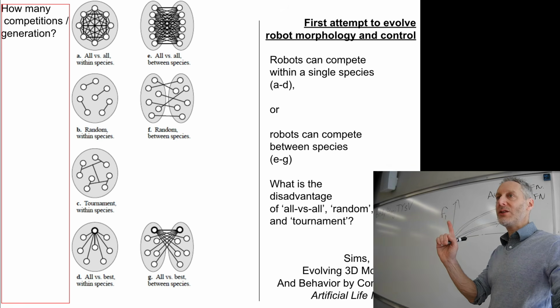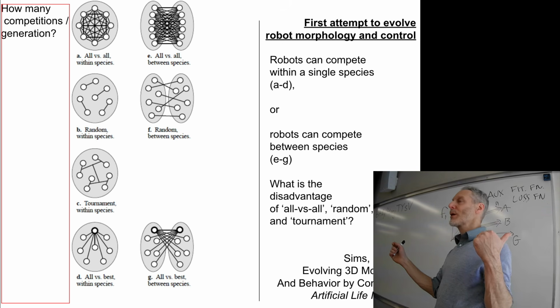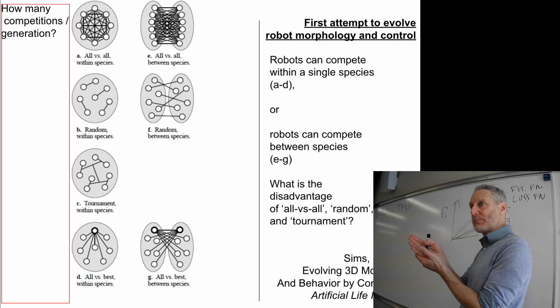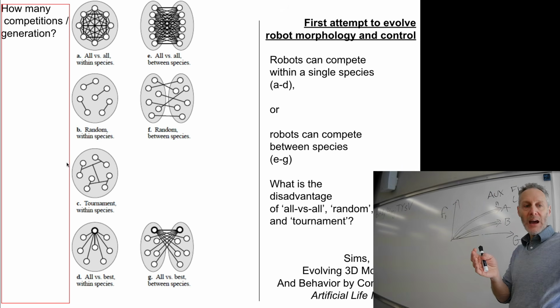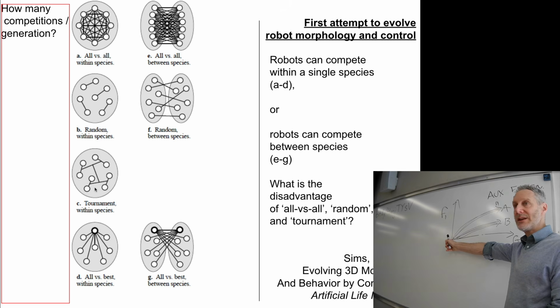The fitness value is how close you are to the block and how far your competitor is away from the block at the end of that simulation. You get back a single fitness value. Now, for example, in the all versus all and the tournament, there are some individuals in the population at one generation that are participating in multiple competitions.